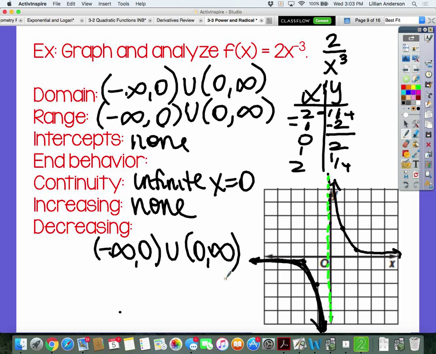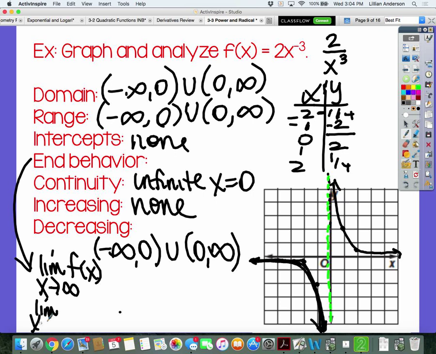I thought you were going to give me negative infinity to infinity. No. At 0, it's doing nothing. But on the other side, it is decreasing. Lastly, our end behavior. As x approaches positive infinity, it is 0. And as x approaches negative infinity, it is 0.